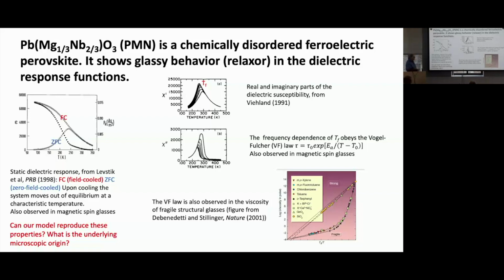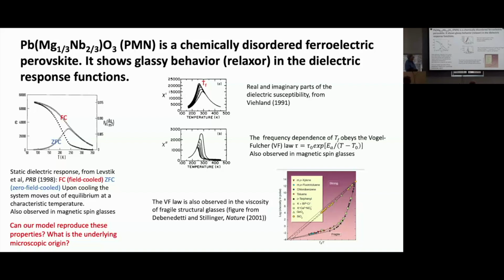In this case, we see that the temperature at which this peak moves changes with the frequency of the field. And similarly, we have an opposite change in the imaginary part of the susceptibility.